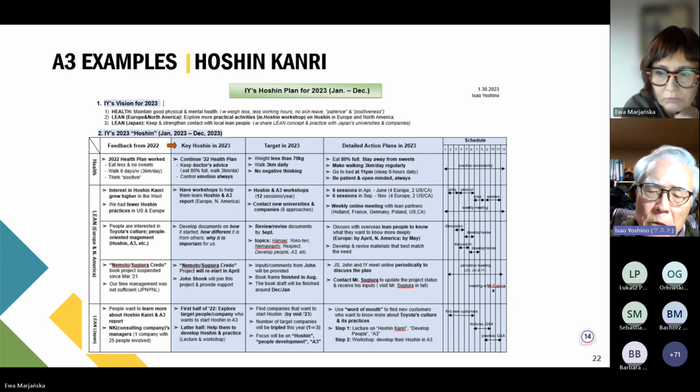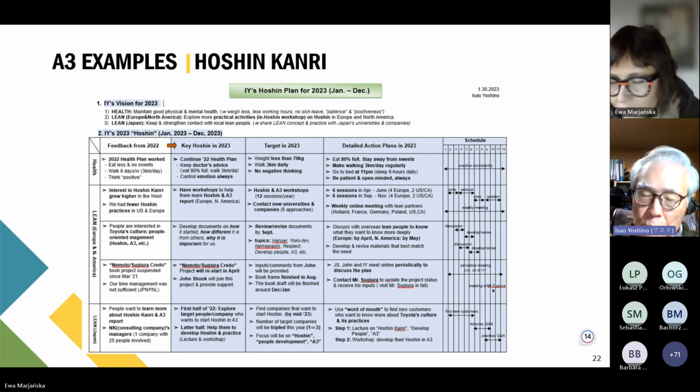Then what is the actual target to attain, to the right? In order to attain the target, I must develop my own action plans. So detailed action plans I put down on the right-hand side. Then on the far right, the schedule.